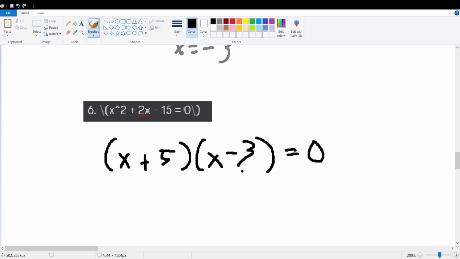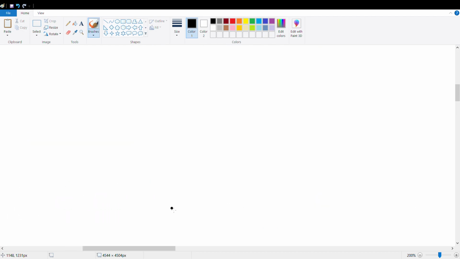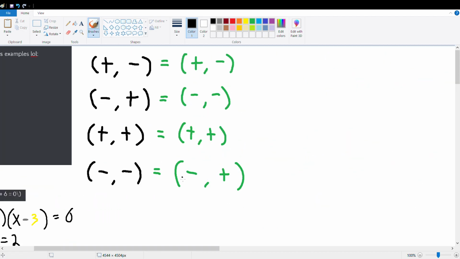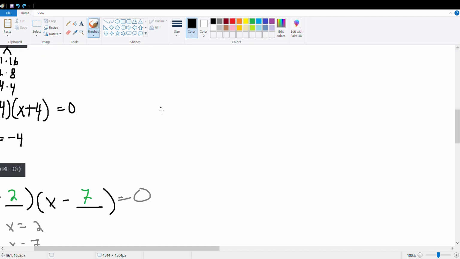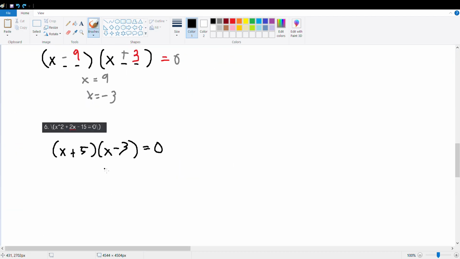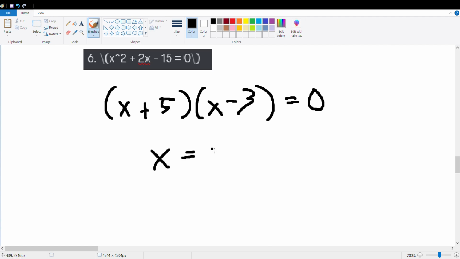So 5 minus 3 is 2, and 5 times negative 3 is negative 15. So we used this one, positive minus, positive negative, and that is basically it. So the answer here is x equals negative 5 and x equals 3.